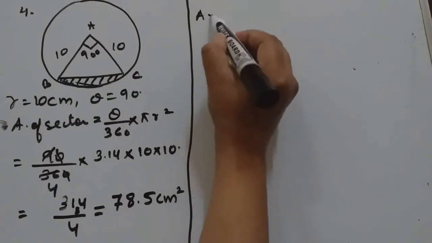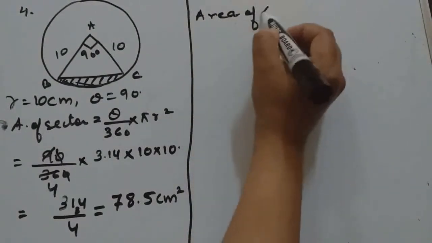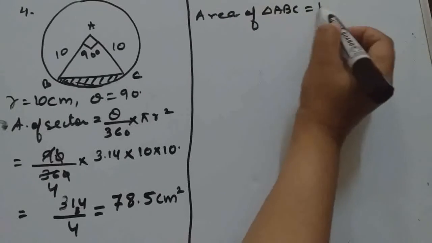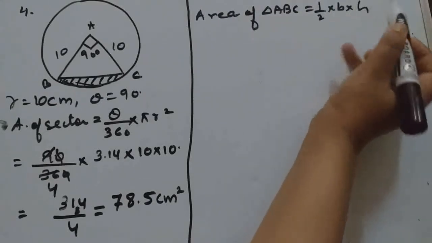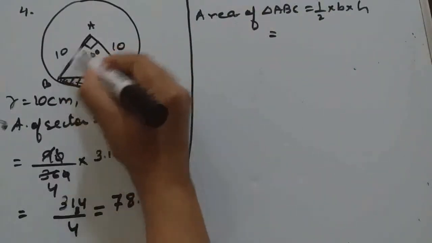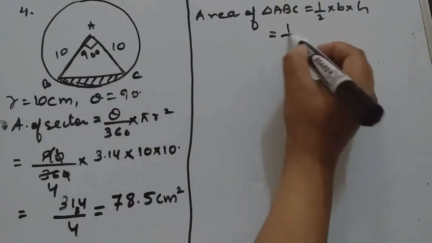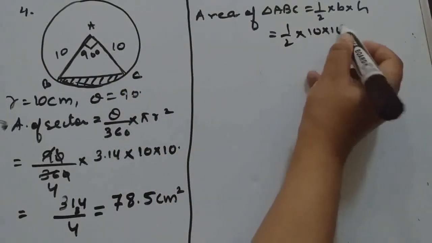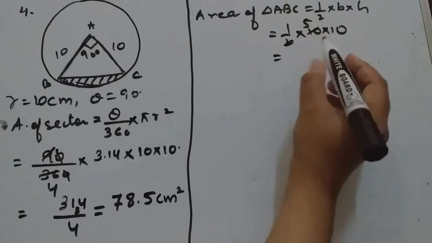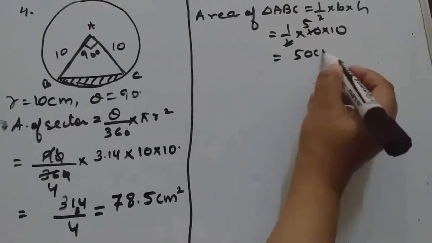Now area of triangle ABC will be what? Half base into height. So this is base and this is height. So half 10 into 10. So answer is 50 centimeter square.